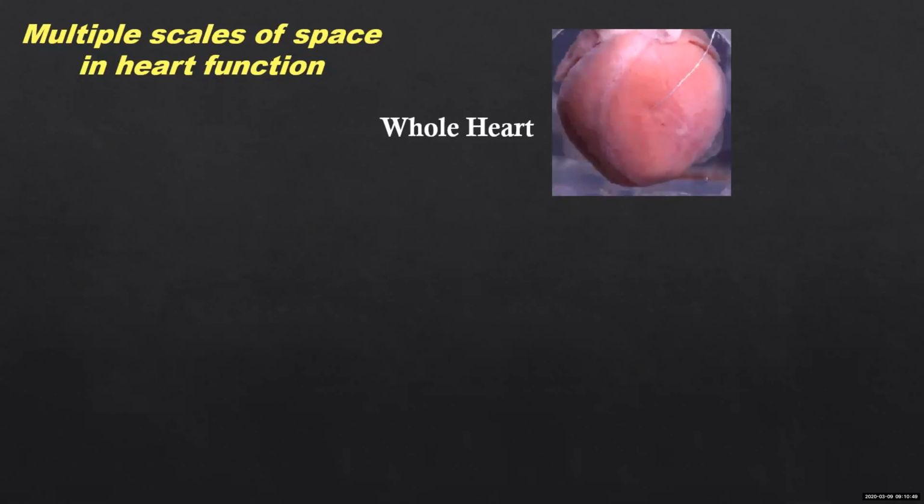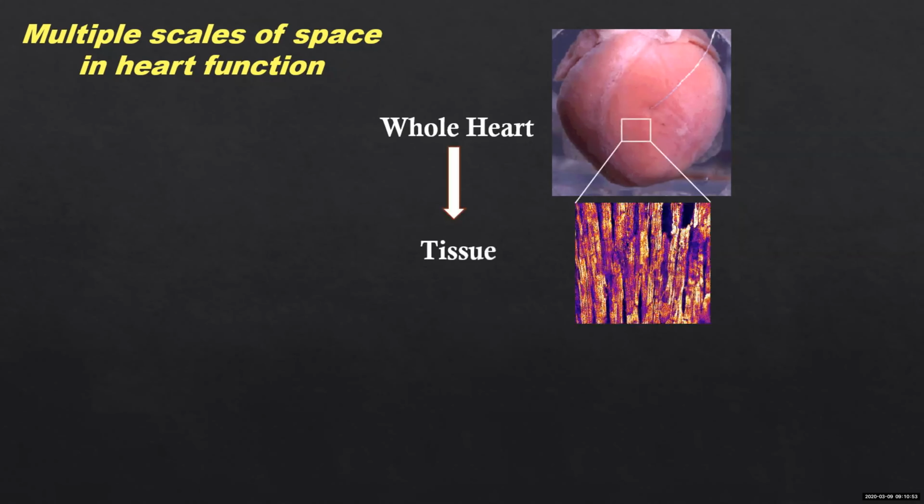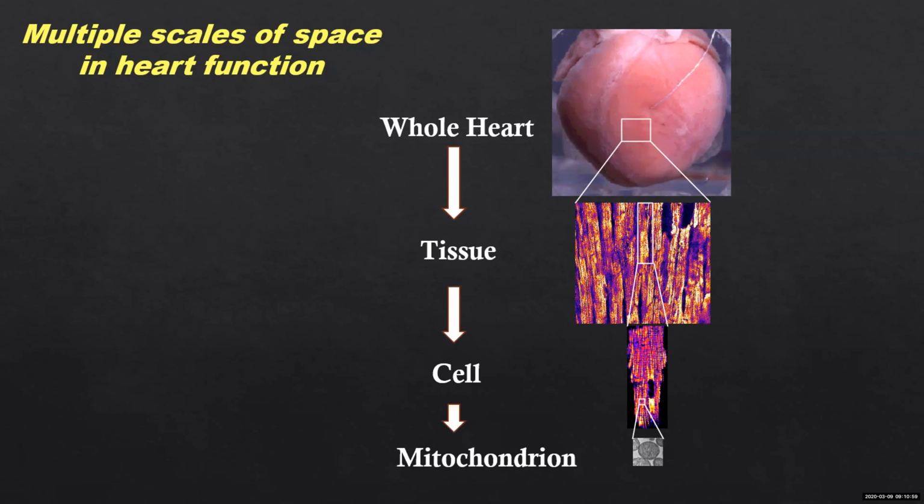There are multiple scales of space in heart function. We have the whole heart, the tissue, the cell, and the mitochondrion, and all these scales are somehow interconnected.